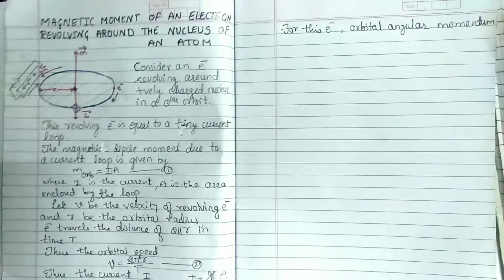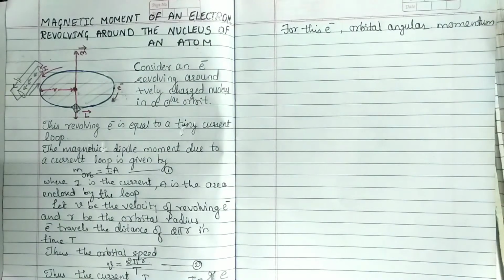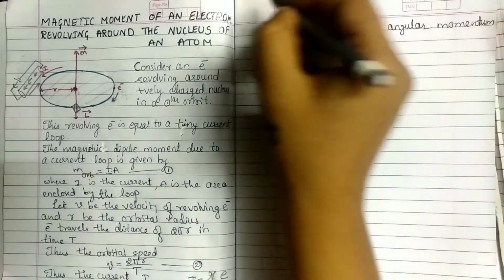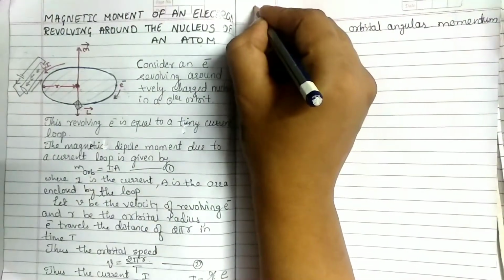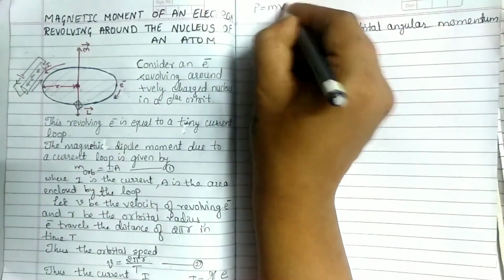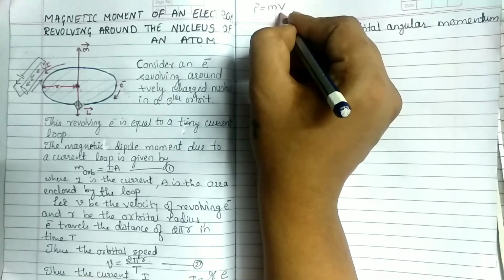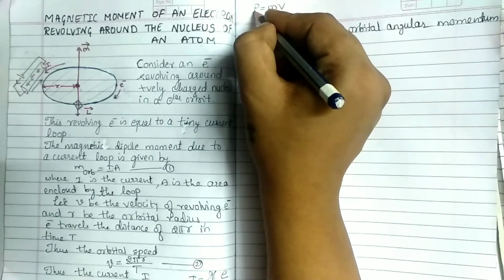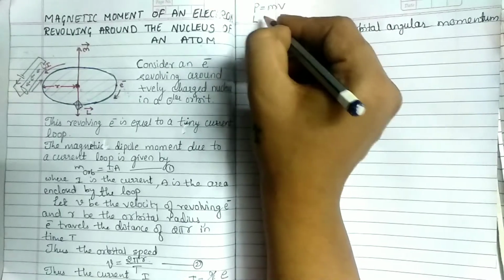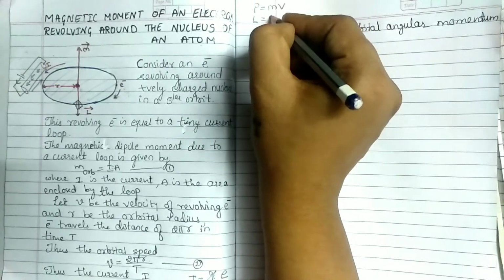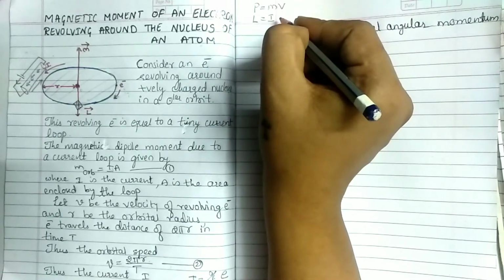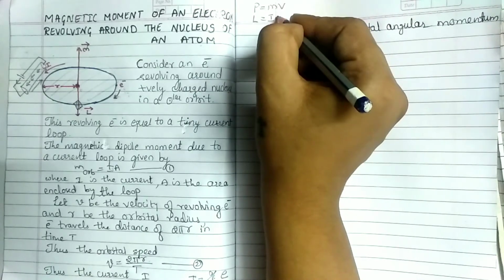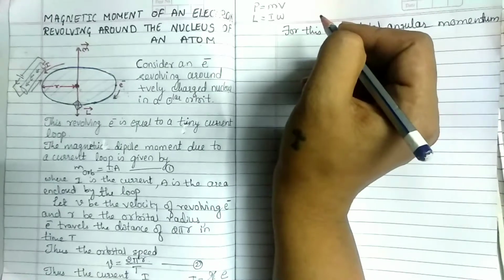So as we studied in rotational dynamics, how to find out angular momentum? As you know, what is linear momentum? Mass into velocity when the particle is performing linear motion. So if you convert into angular, the angular momentum is denoted by L, and mass is replaced by moment of inertia, that is I, and the velocity v is a linear velocity. Here you have to take the angular velocity.